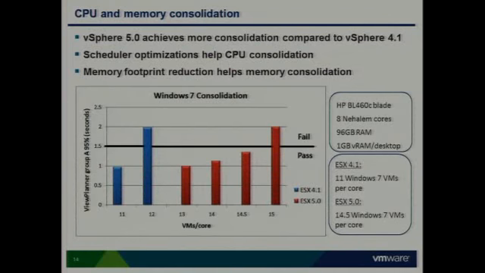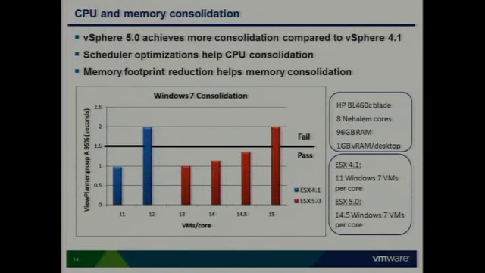The net effect of these improvements is summarized in this chart. The blue bars are Windows 7 runs that we did on vSphere 4.1, and the red bars are what we did on vSphere 5.0. We used the QoS methodology that Rishi was talking about. We ran the View Planner workload, and the latency should lie below 1.5 seconds for a run to pass.